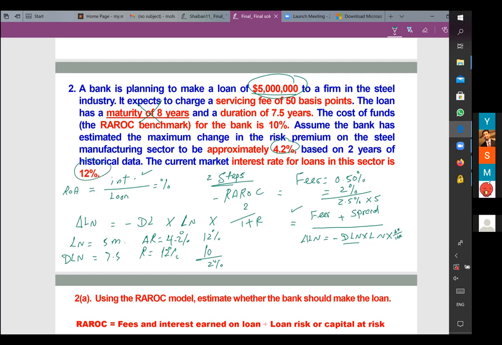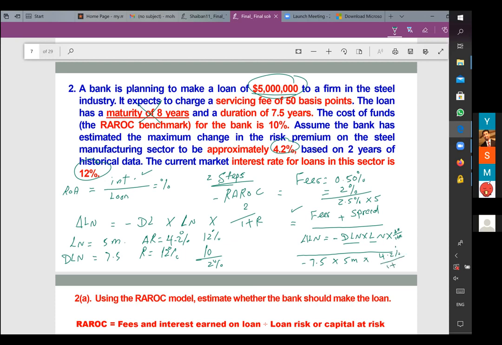So I am ready now to calculate this area: duration of the loan 7.5 times the loan, which is 5 million, times the change in R, which is 4.2%, over 1 plus 12%.